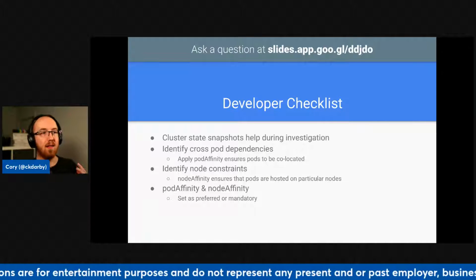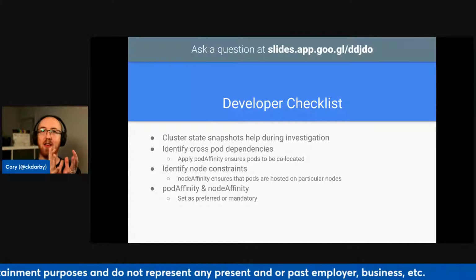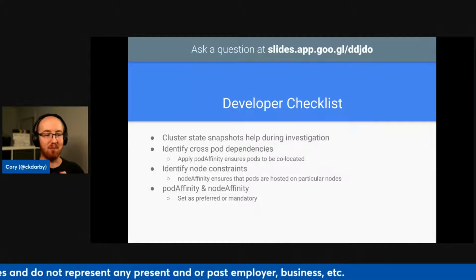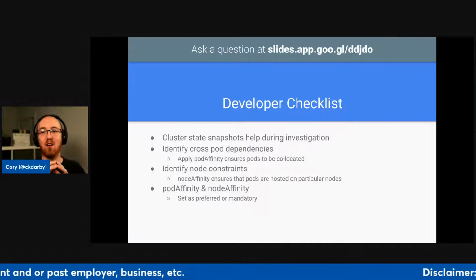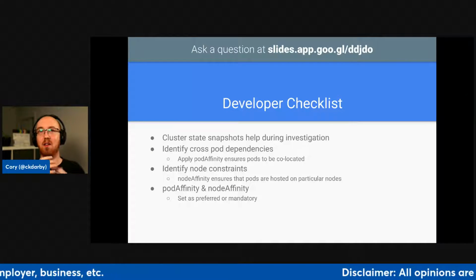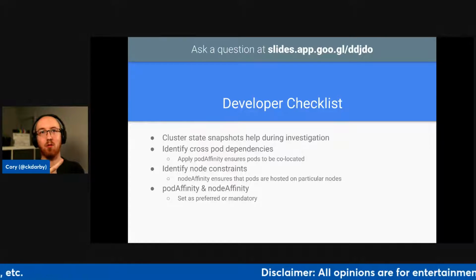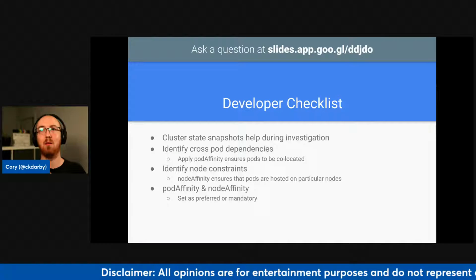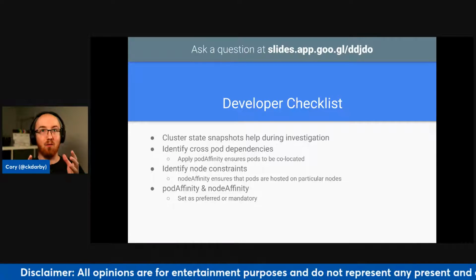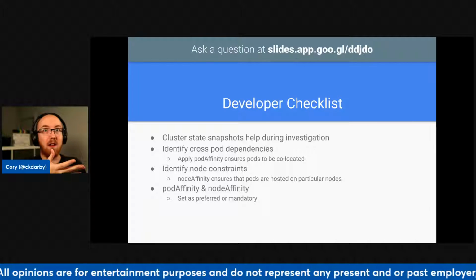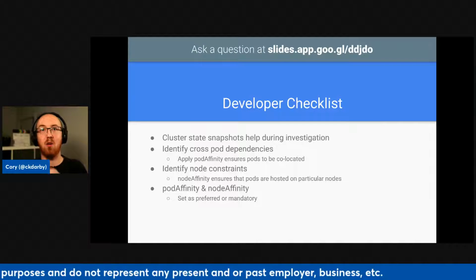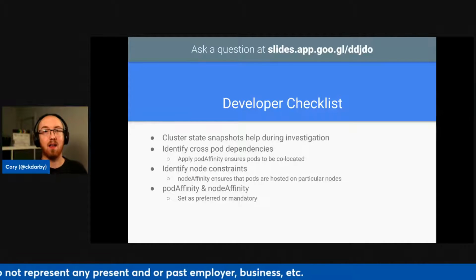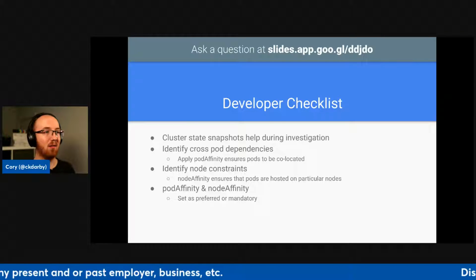So this is the developer checklist for the first kind of thing that I see, which is fundamentally understanding what you're deploying, and either building it within your YAML specs yourself if you're responsible for the charts as a dev, or making sure that your DevOps and SRE teams are aware of, hey, I really depend on that other thing. And if that's in another region or not on the same node, it's going to be very slow.